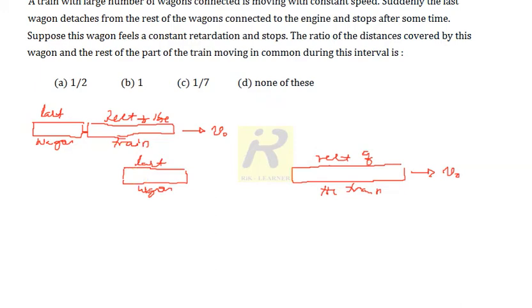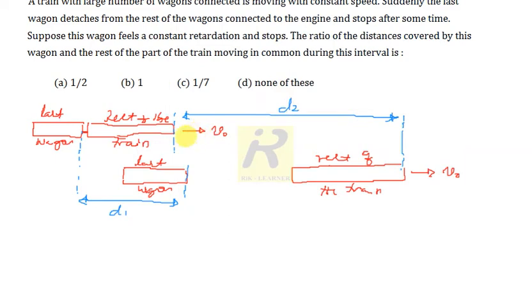So in this duration, the last wagon covered a distance this much. Say this is d1, and the distance covered by the engine is this much, so it is d2 in the same interval.